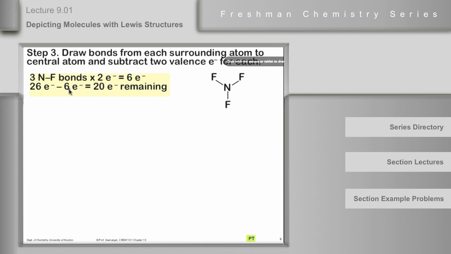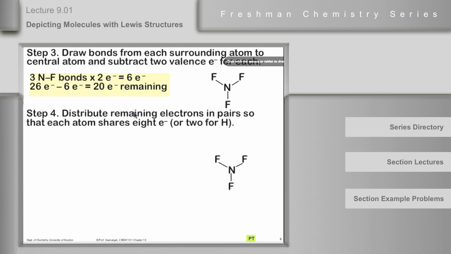So 26 minus 6 gives us 20 electrons remaining. Once we have done that and made those single bonds using this method, we distribute the remaining electrons in pairs so that each atom shares 8 electrons. Each atom has an octet.